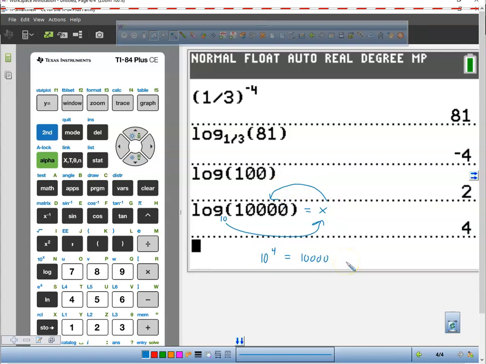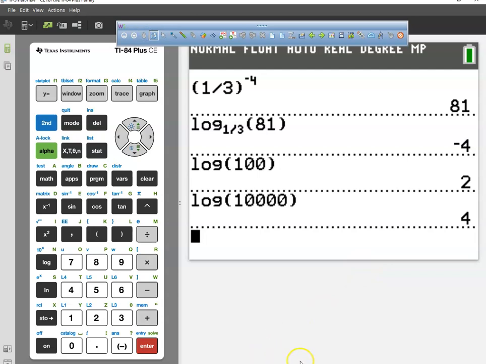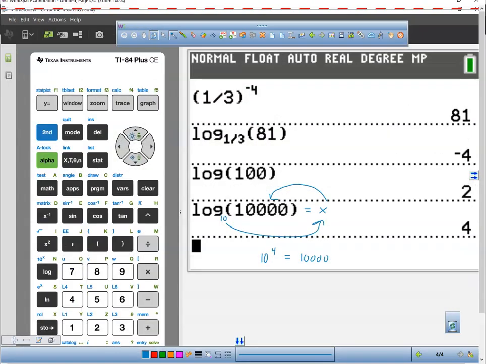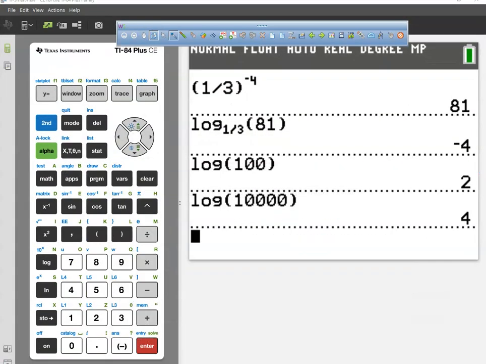So that's kind of how it works. Right now I'm giving my students a crash course in logarithms just to give them an understanding of that before they leave high school. Okay, all right, so let's go back to our problem.